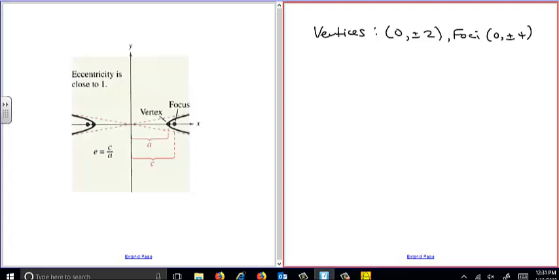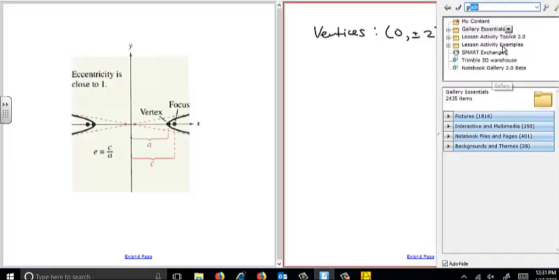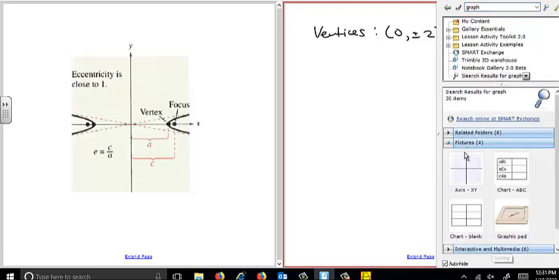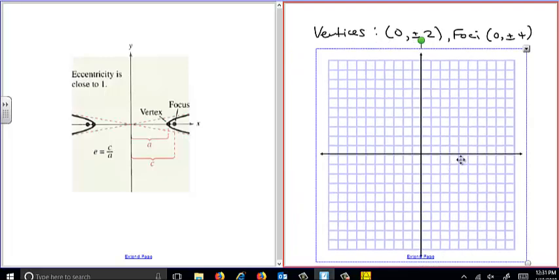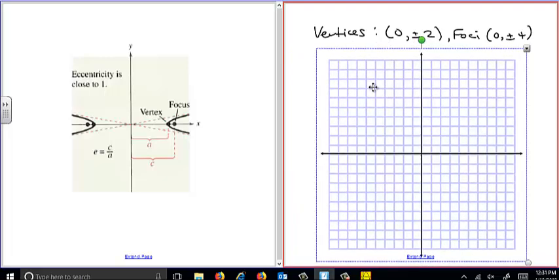Well, let's get a piece of graph paper and plot these. Kind of think our way through this thing visually. Okay, so the vertices are (0, 2) and (0, -2).